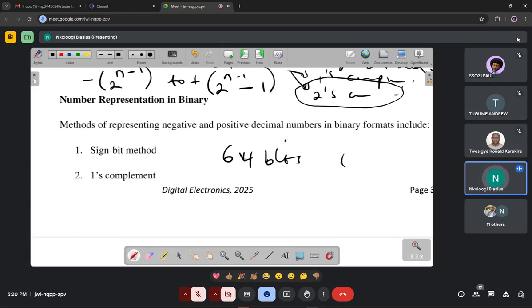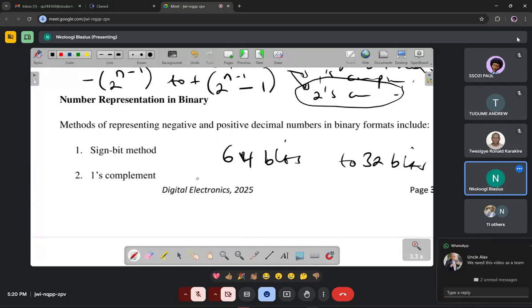Some machines can have an operating system that can store data up to 32 bits. This only means that you are going to now compute into the other formula.